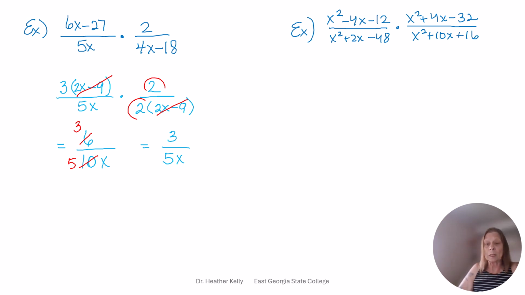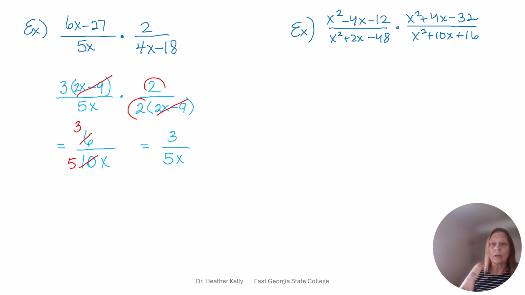Now, when I do really big problems like this, I might do each little piece separate, you know, do a left top and a left bottom and a right top and a right bottom and put it all together. But all of this factoring is pretty straightforward. None of it requires any real difficulty here. So let's look at this top left.